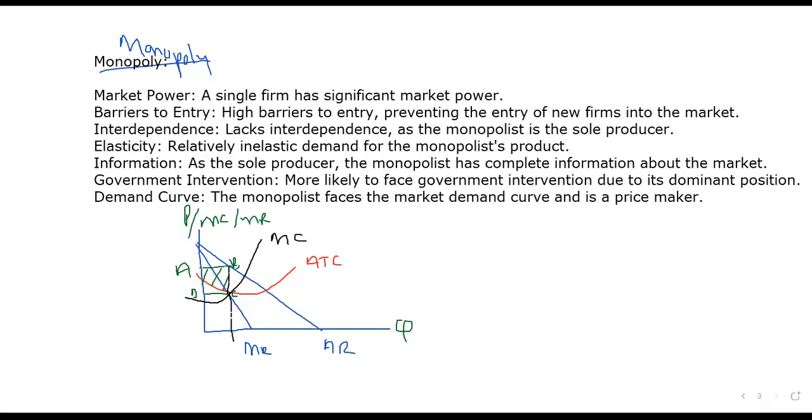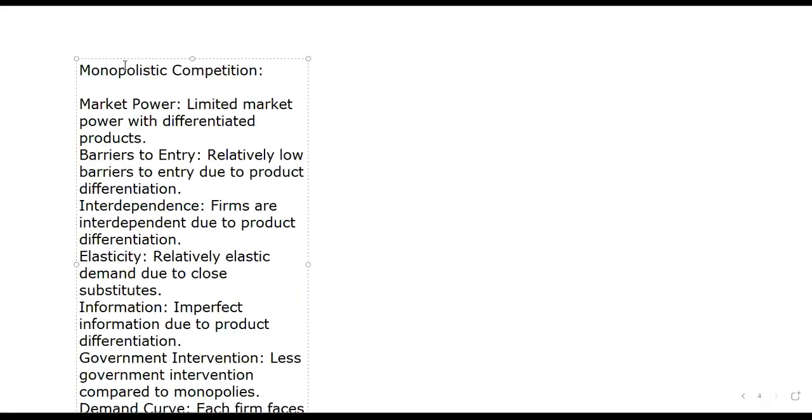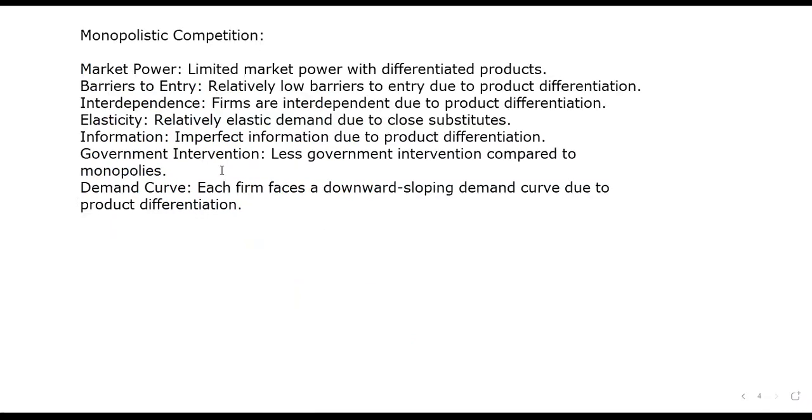All right, so we go to another market structure, which is called the monopolist. Monopolist is not the same as monopoly, they're different things. So a monopolist has limited market power, but has differentiated goods, which we call heterogeneous. It has relatively low barriers to entry because of product differentiation.